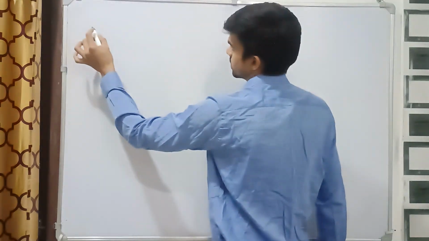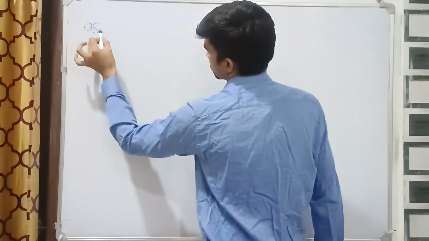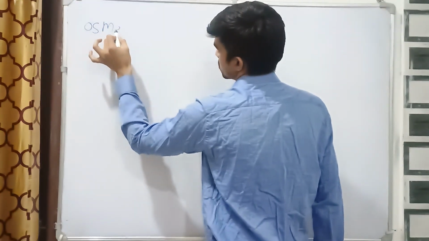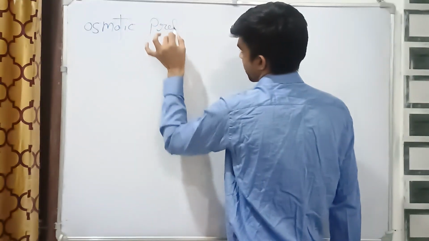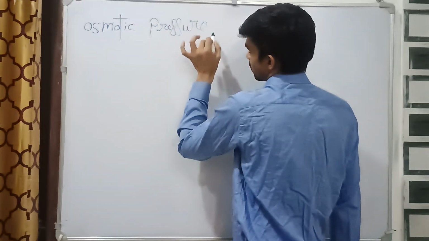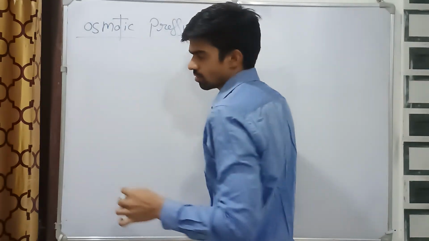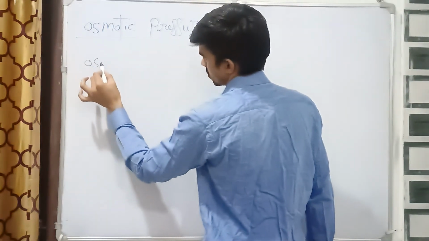Now moving to the next colligative property, that is osmotic pressure. First of all, you have to understand what is osmosis.